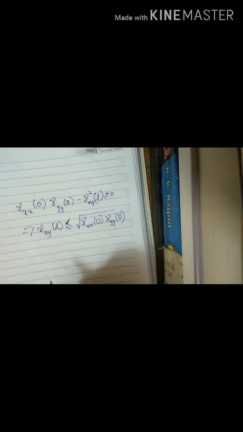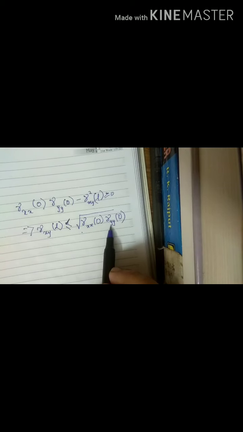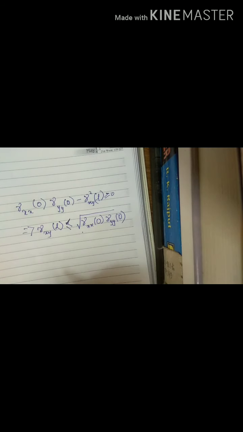So from here, in terms of inequality, gamma xy(L) should be less than or equal to the square root of gamma xx(0) multiplied with gamma yy(0). Since one is the energy Ex and the other is the energy Ey of the sequences x and y respectively, we can write that gamma xy(L) should be less than or equal to the square root of energy Ex multiplied with Ey.